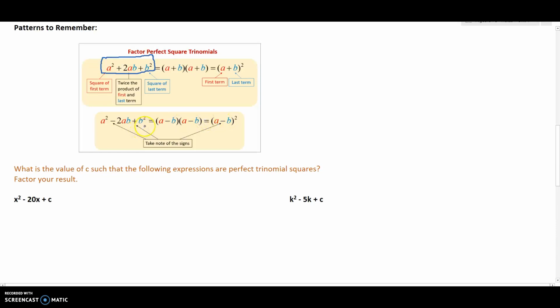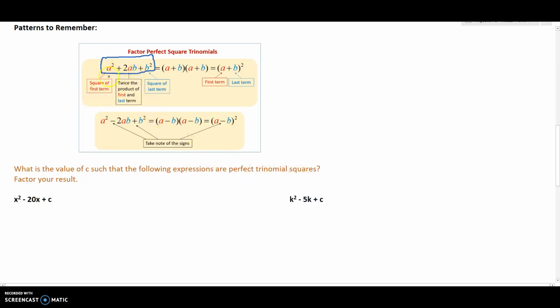In this section, we're going to use this process of factoring perfect trinomial squares, so we need to know how to create them. So we're going to create situations where we can make this factoring possible. So let's take a look at these examples. What is the value of c such that the following expressions are perfect trinomial squares?